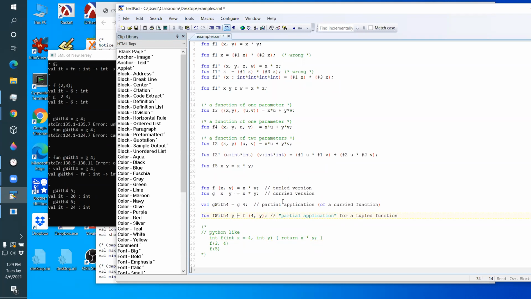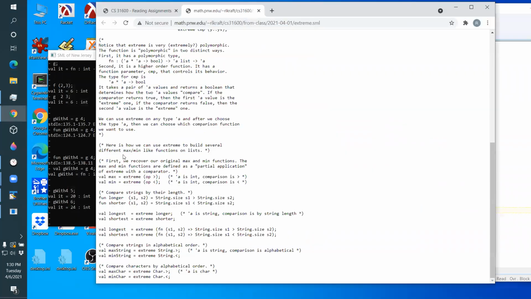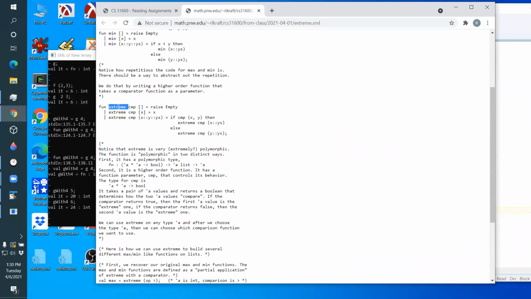Partial application only works with curried functions. Partial application means you can give the function one of its inputs, but not all of its inputs. Okay. And like I say, we saw the classic use of it. Something like this, where you've got a general function extreme that's got a higher order function that parameterizes it.